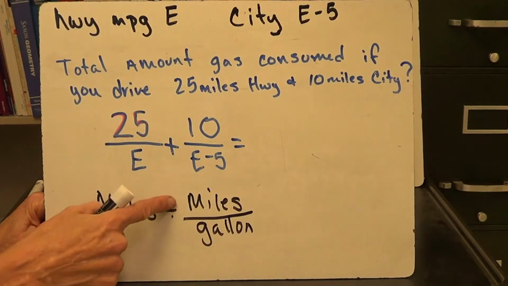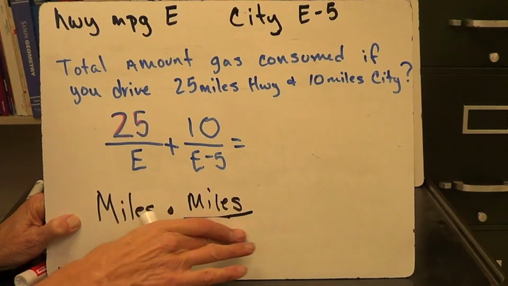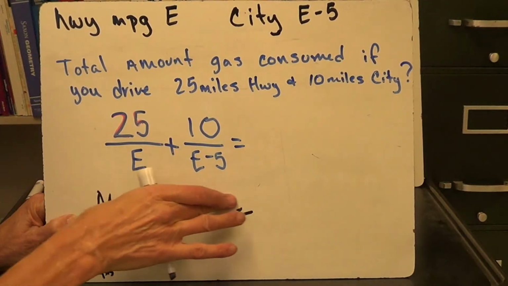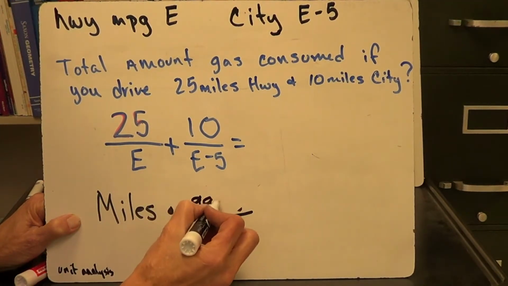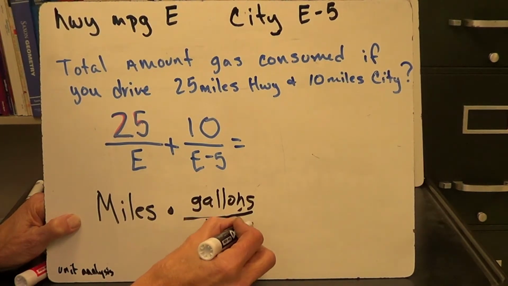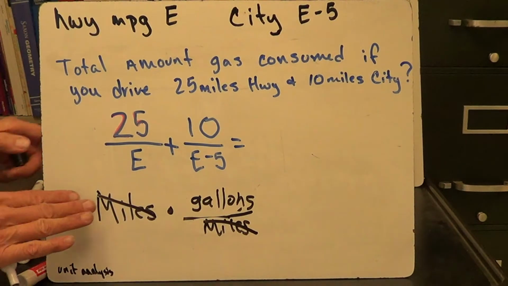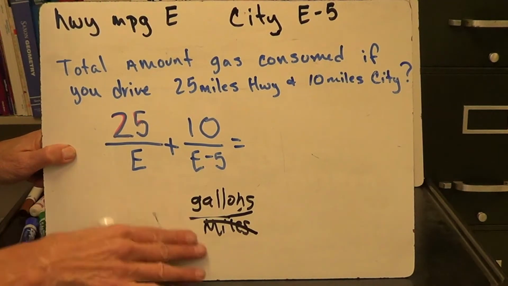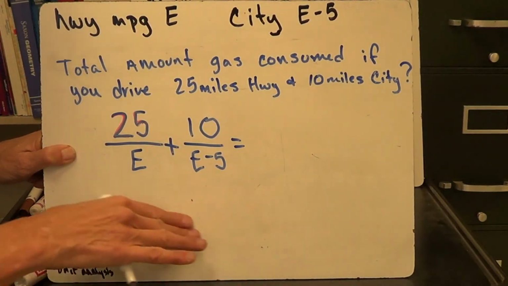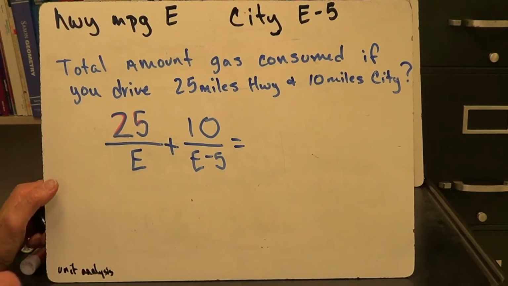Remember when we divide, we skip, flip, and multiply, so this would become times gallons over miles, which means that our miles cancels, and it tells us how many gallons we're going to use. You can actually calculate out very precisely how many gallons you should have used if the car is operating how they sold it to you that it should. Or you can also calculate for an upcoming trip how much it'll cost you very accurately.